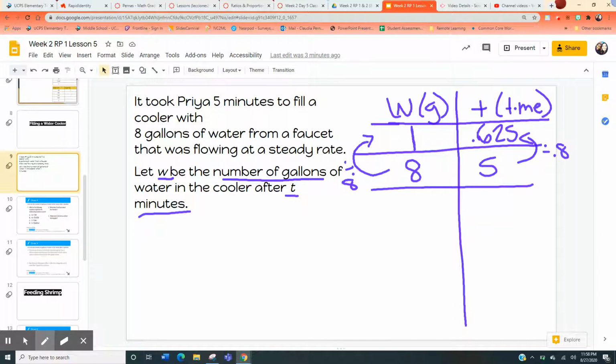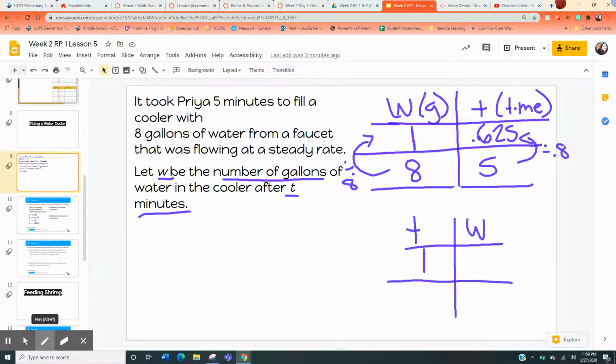Now, I like to separate my T-charts because it makes it a little bit easier for me to understand. So if I were to draw a second T-chart where I want to figure out time with gallons, I know that I want to figure out how many gallons I can fill in 1 minute.